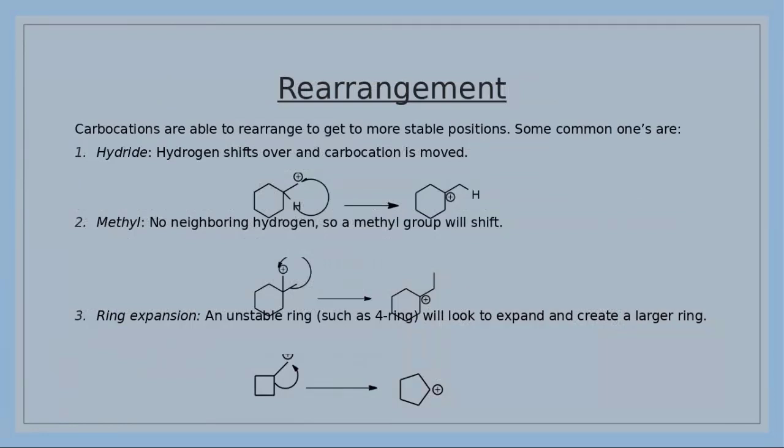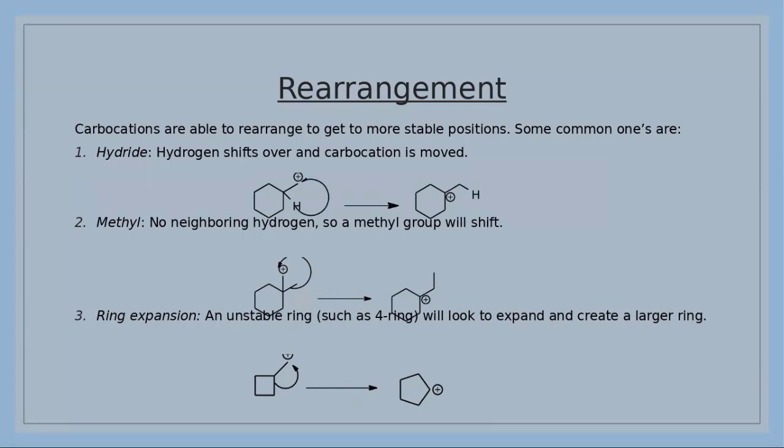Okay, so for SN1, because of the carbocation, there are also different rearrangements we can have. So let's go over the process to do rearrangements. Essentially you want to consider 1, 2, and then 3. Because hydride shifts are the easiest to do, you want to consider this first before a methyl shift.